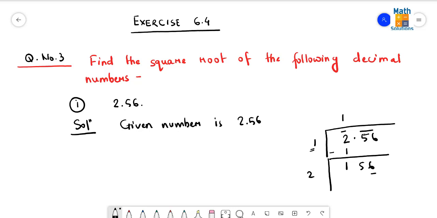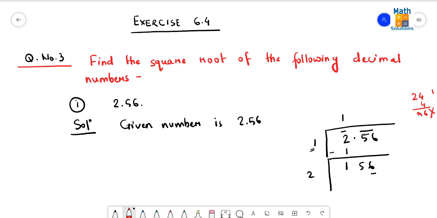So there are two ways only, either 4 4s are 16, 6 will come, or 6 6s are 36, 6 will come. So let us try with 4 first. Let us see what we get. If I place 4 along with 2 and multiply this, then what result do we get? 4 4s are 16, 1 left, 2 plus 1 is 3, 3 plus 1 is 4, so this is not applicable.